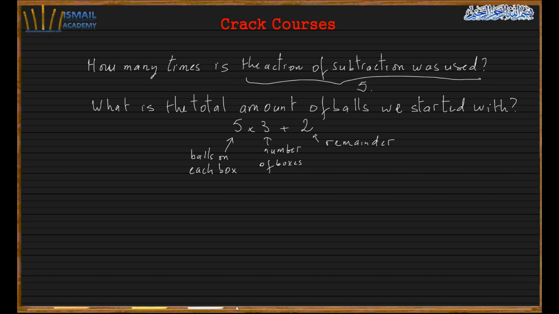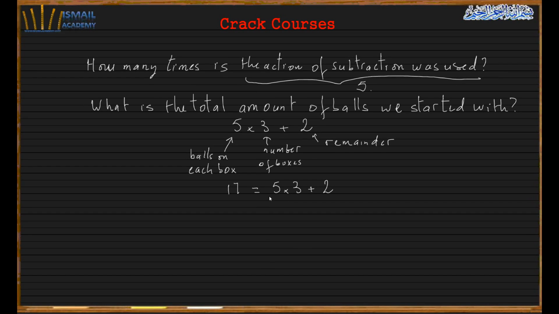If I do the operation, this means that I will have 17 balls at the beginning, because 5 times 3 is 15, 15 plus 2 is 17. So we start with 17 balls. Now to name each component of this statement, we're going to name 2 by its real name, which is the remainder.